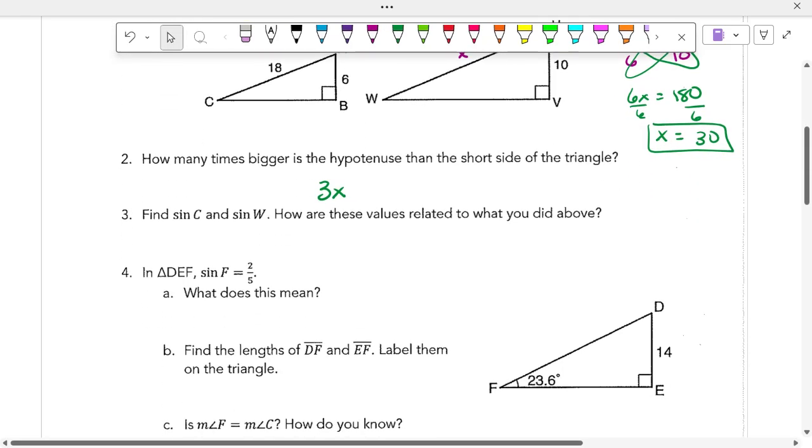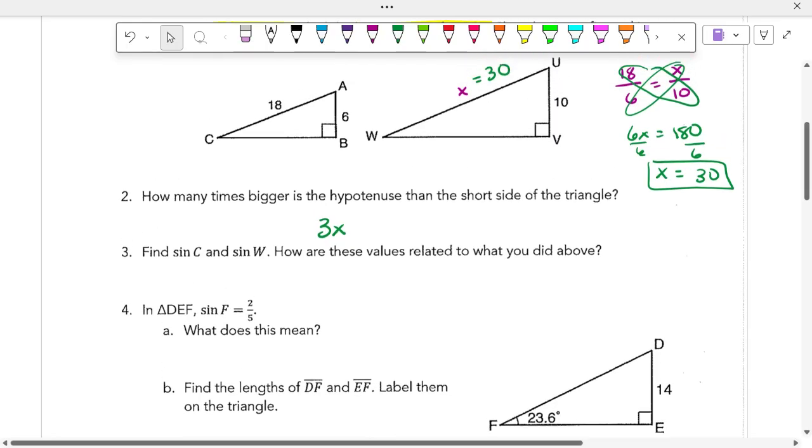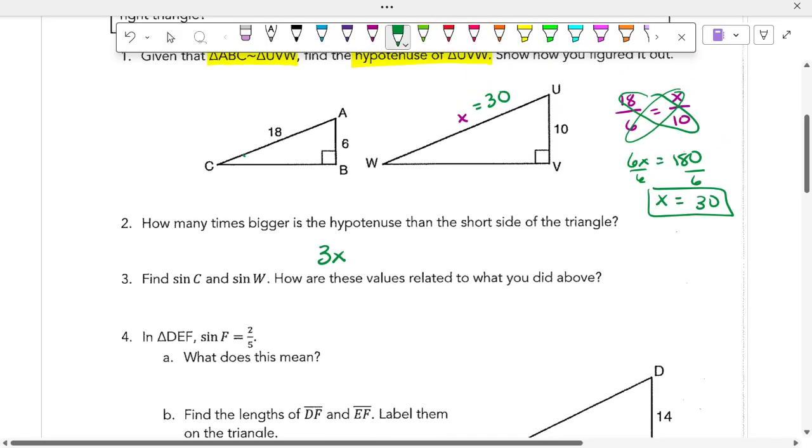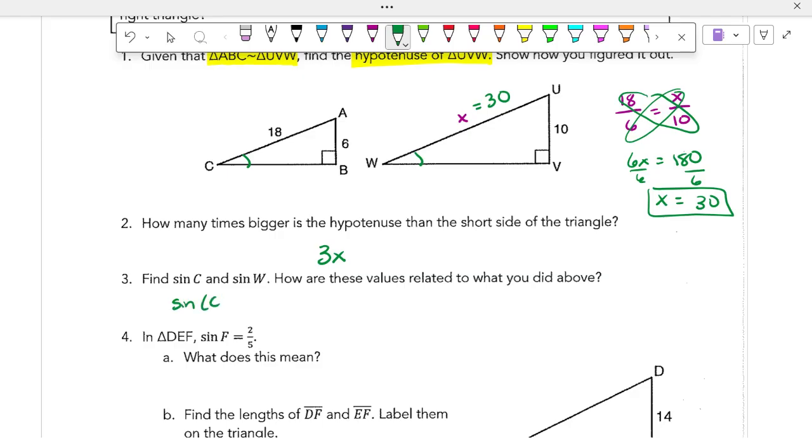Now, we're going to find the sine of C and the sine of W. All right. So remember, these are our reference angles. So sine of C. Remember, that's opposite over hypotenuse, which we don't really need to label because those are the only sides that we're given for both triangles.